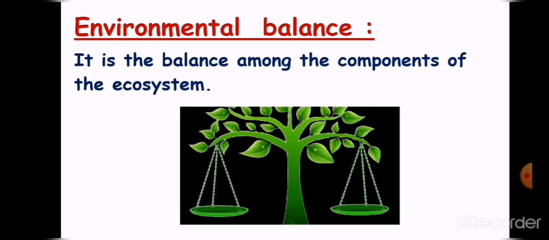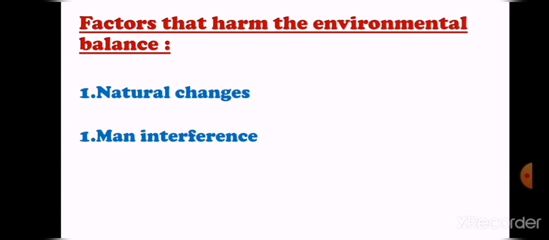But these interactions keep the balance among these components unless a disturbance arises as a result of many factors. So there are factors that harm the environmental balance. What are the factors that harm the environmental balance? They are natural changes or man interference.